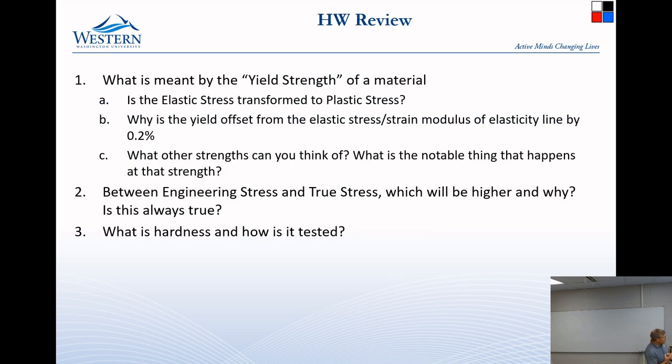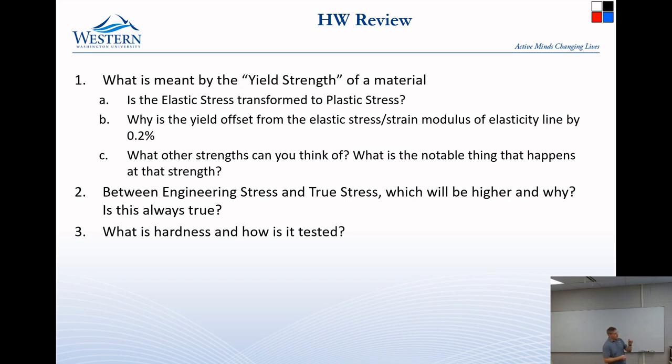So, on the homework, I looked through a lot of the homework that you turned in, and a lot of good answers. A few for the first question were a little bit unspecific, so that's okay, but we're learning how to answer them. There were a couple of things.